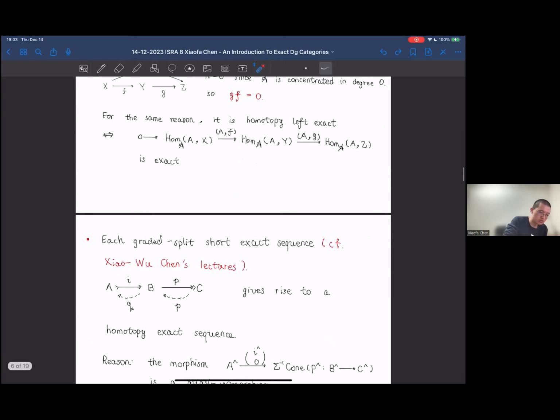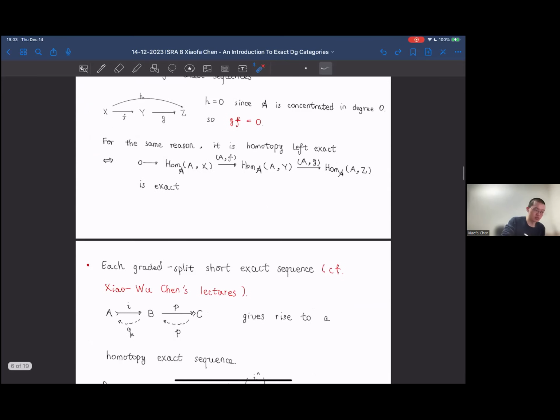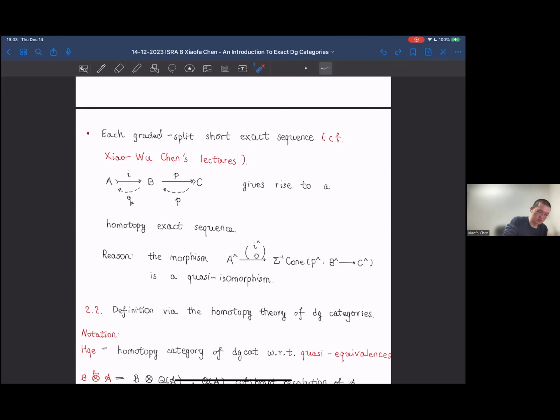And the second example is: in each DG category A, the graded split short exact sequence will give rise to a homotopy short exact sequence. And for this notion, you can see Xiaofa Chen's lectures.